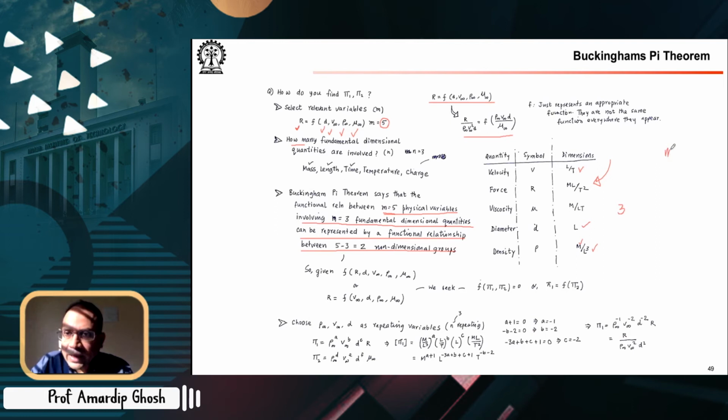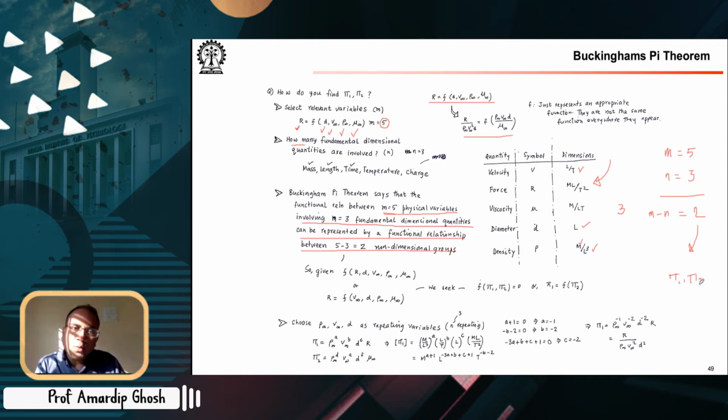So m minus n equal to 2 gives you the number of pi groups. You will see that in this problem, there will be 2 pi groups that are relevant.